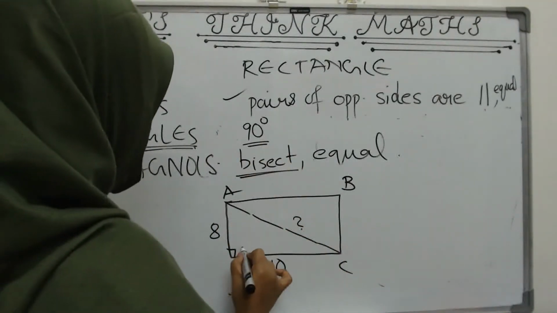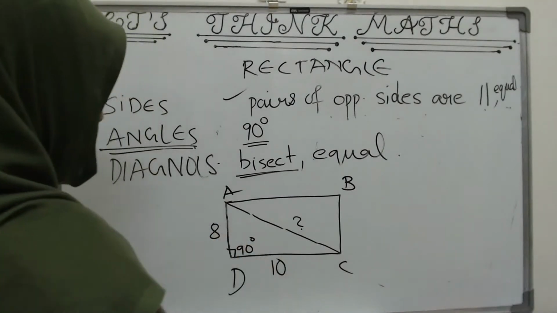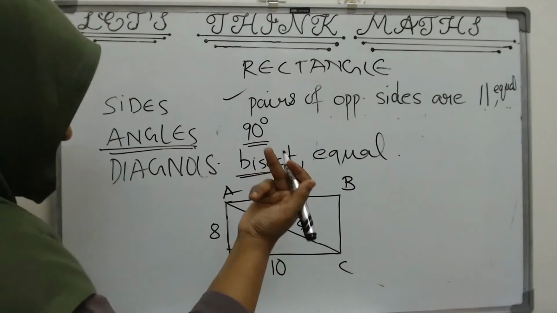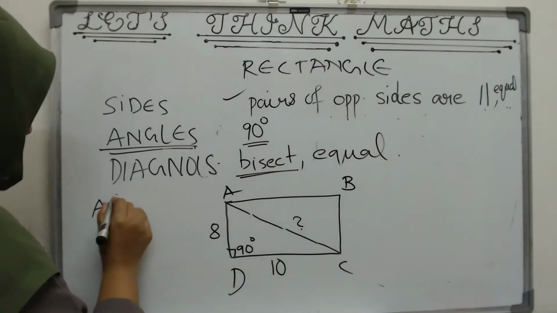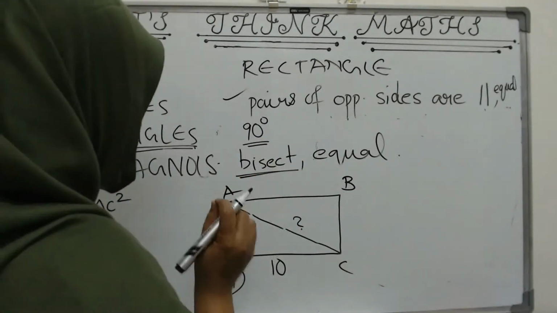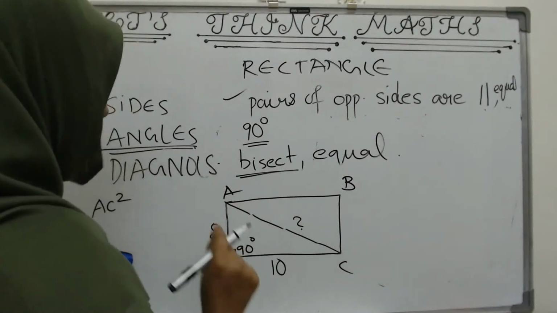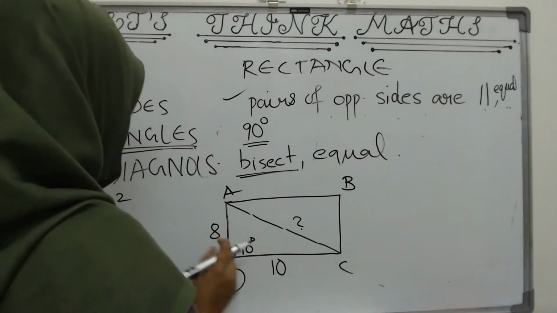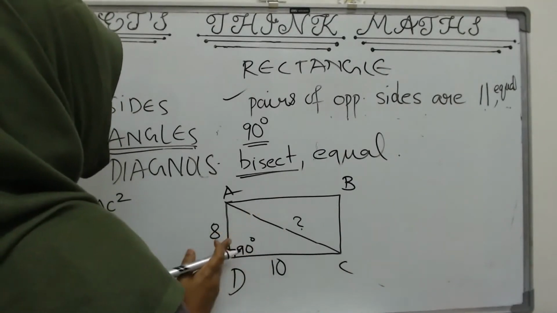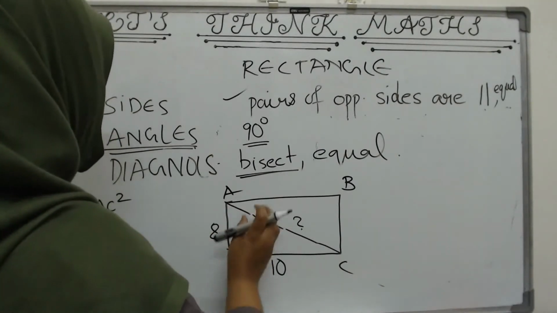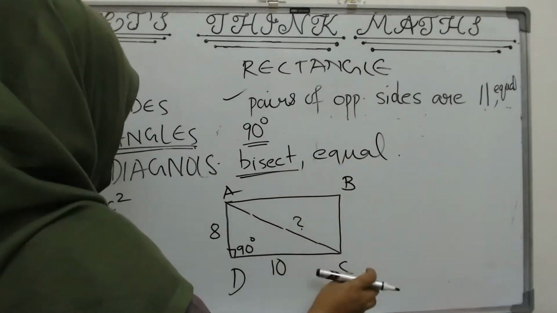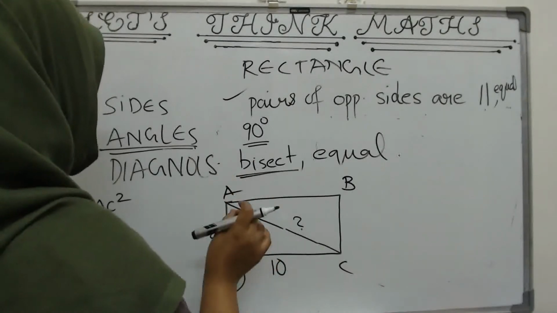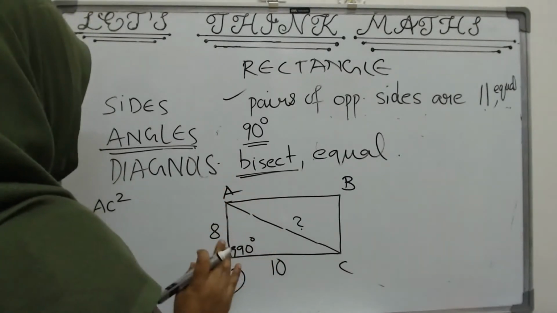The angle here is 90 degrees, which means you can apply the Pythagoras theorem. What is that? Look at the 90 degrees. Whenever you have a 90 degrees, that will be the largest angle of that triangle. And the side opposite to the largest angle will always be the largest side. Or in other words, the hypotenuse will always be the largest side of a right angled triangle.